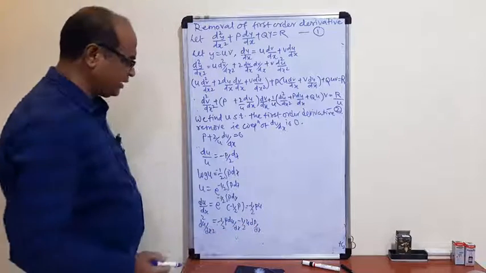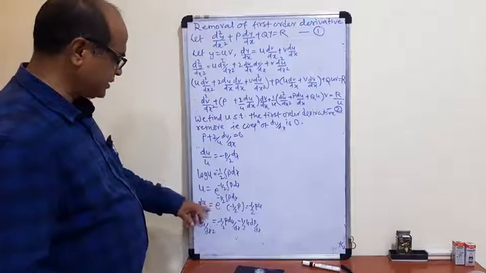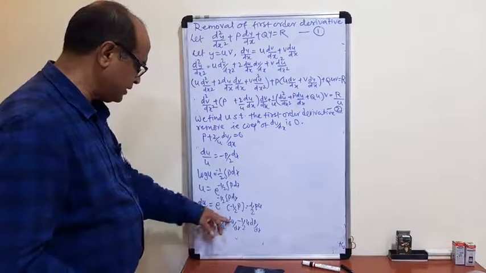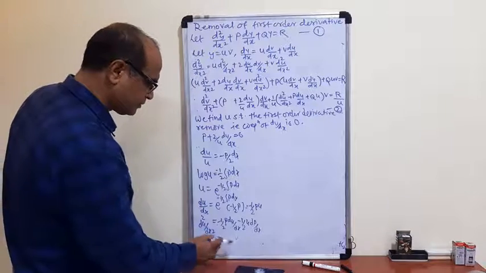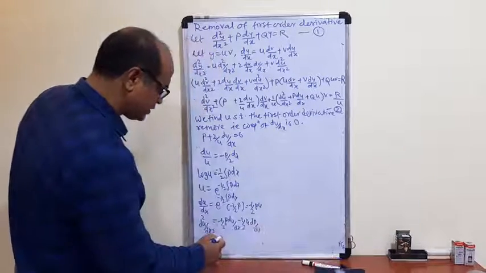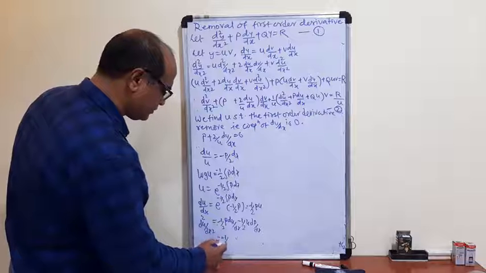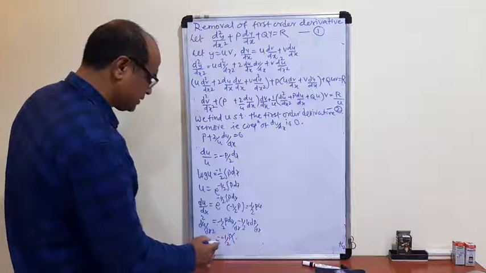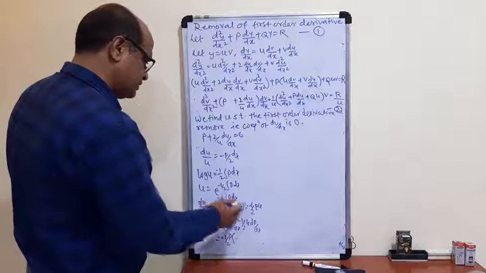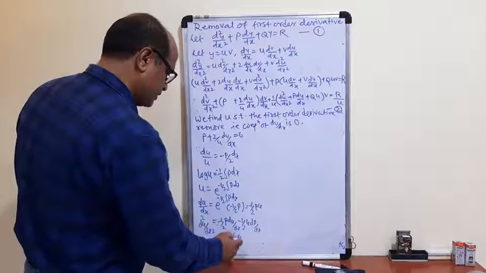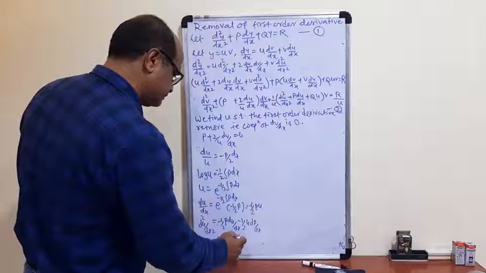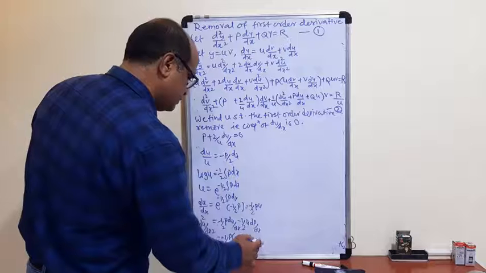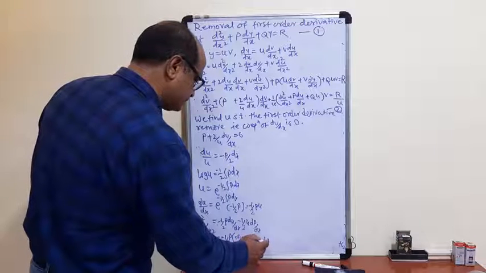Putting the values of du by dx: du by dx is minus half pu. In this equation, minus 1/2 p into minus half pu, minus 1/2 u dp by dx.